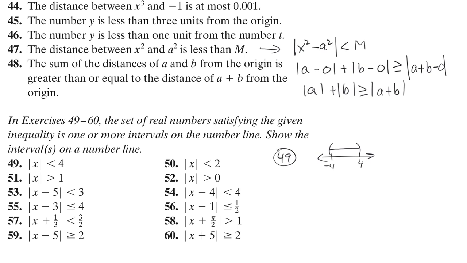We can go to number 54. I think it gets a little bit more interesting. So if I start this here, I want to directly translate this. The distance between some number and 4 is smaller than 4.